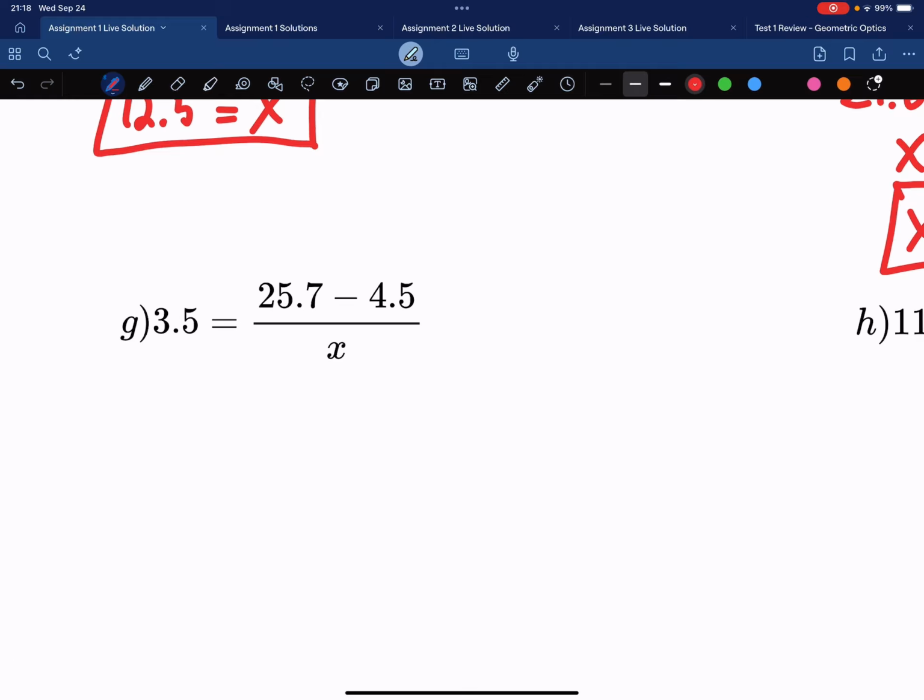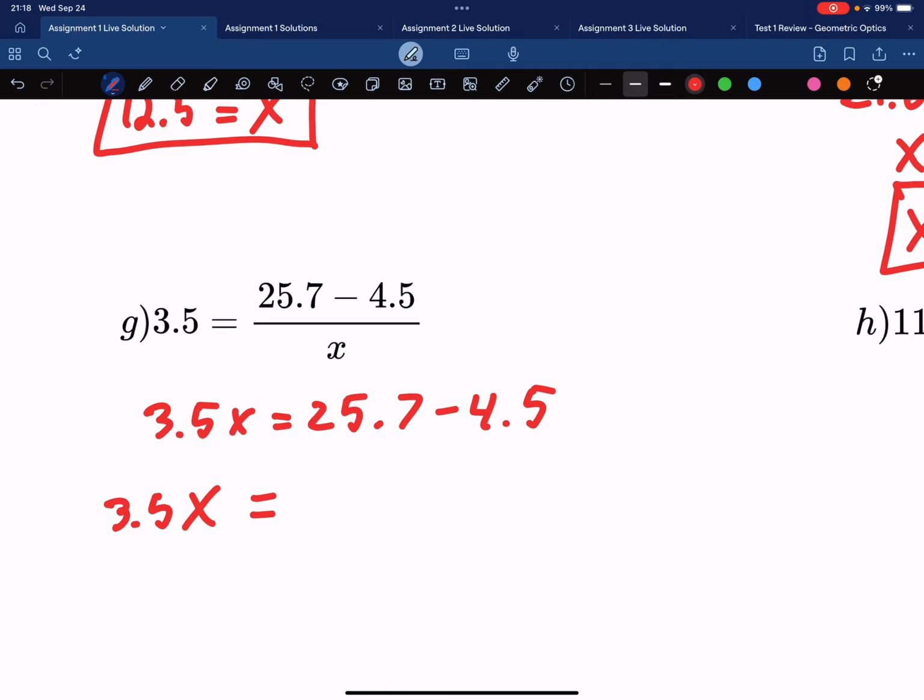This time, because x is in the denominator, I'm actually going to start by moving x first. I'm going to multiply everything by x so that it cancels out on the right-hand side. So I'm going to have 3.5x equals 25.7 minus 4.5. I'll do the subtraction first.